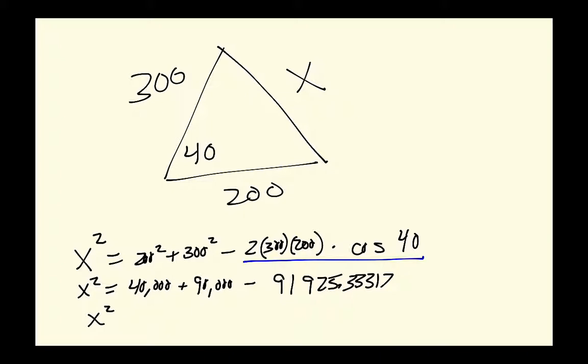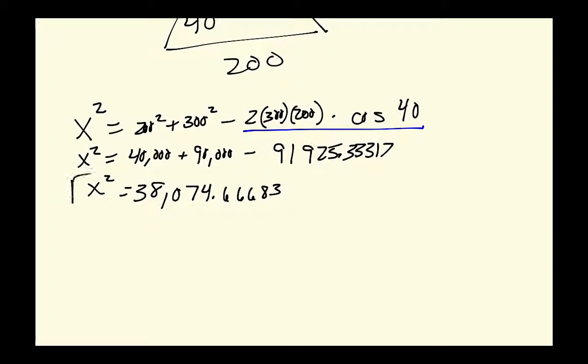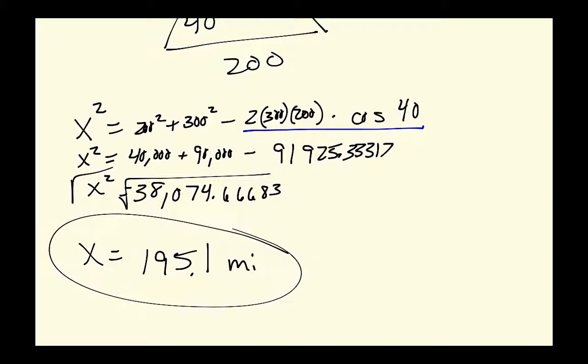So 40,000 plus 90,000 minus the 91,925.33317 gives me 38,074.66683. So the last thing I have to do is square root to figure out what x is. So when I square root that number, I get 195.1 miles apart. So that's how we use the law of cosines when it's a side-angle side relationship.